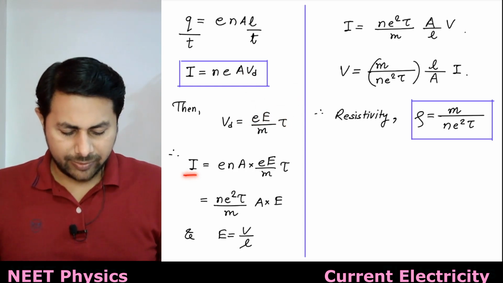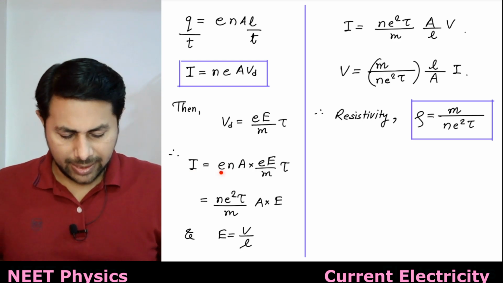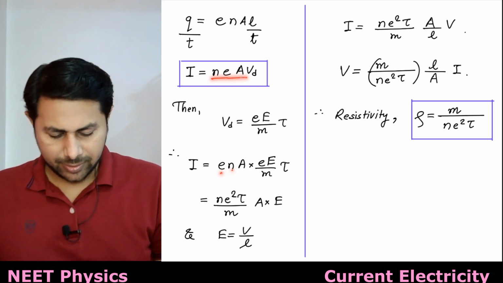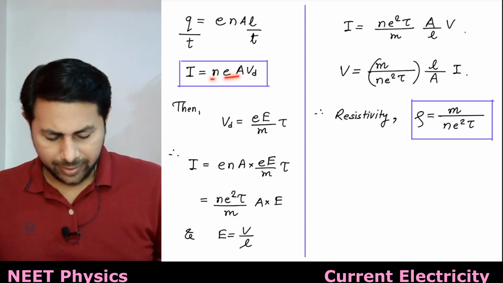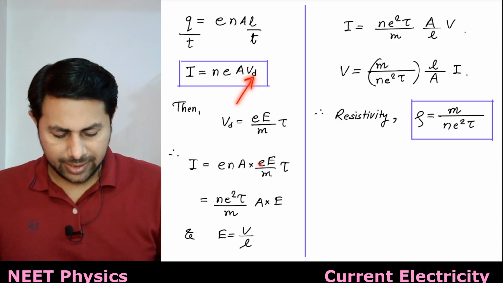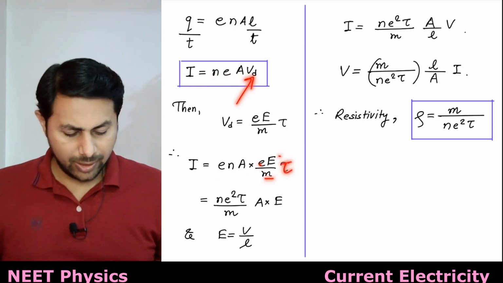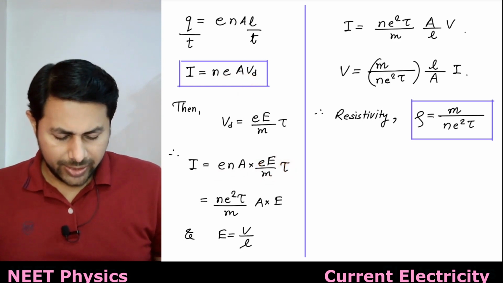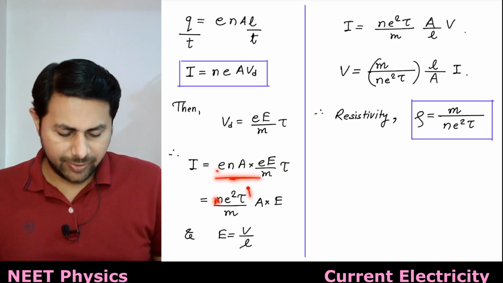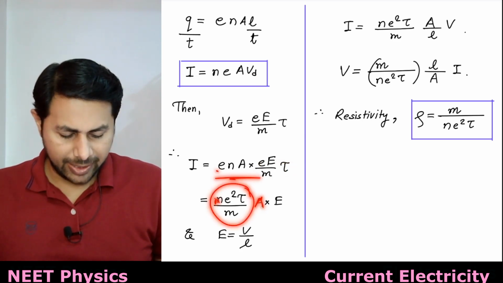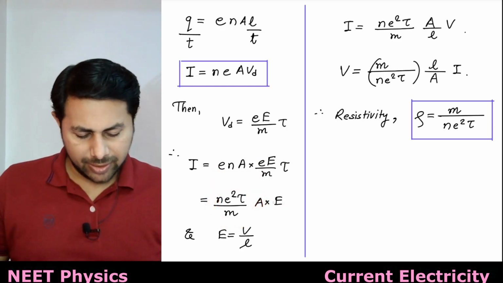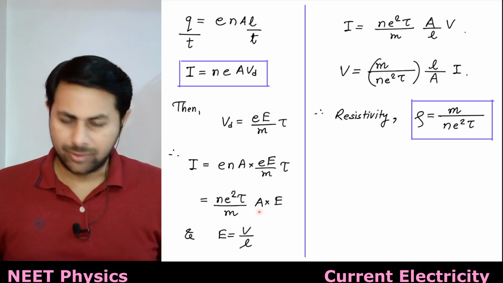You get I is equal to n times eA multiplied by Vd, which is eE by m into tau. If you multiply this out, you get ne squared tau by m multiplied by A into E.